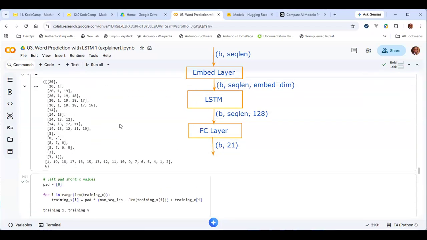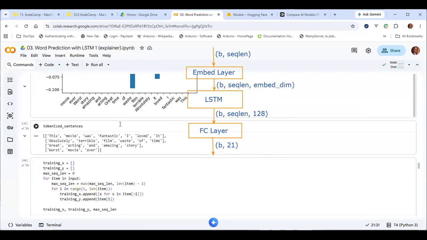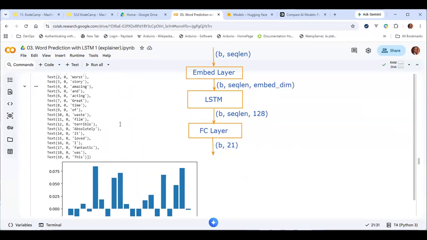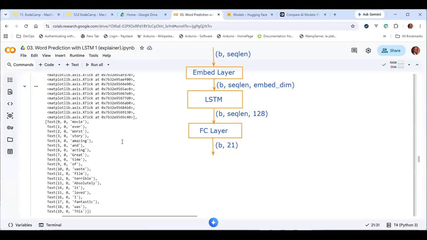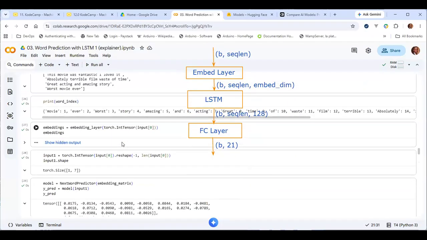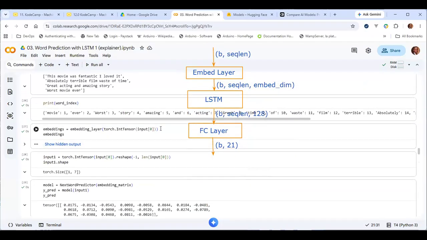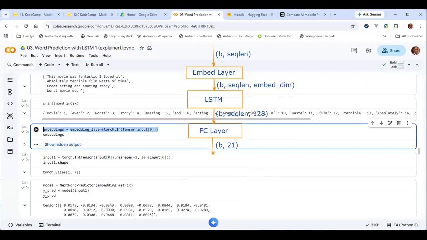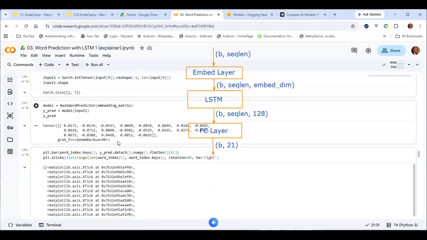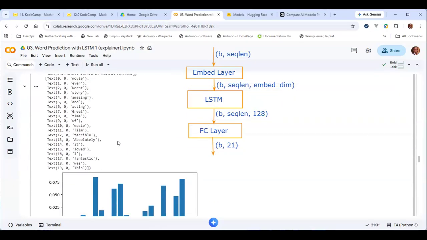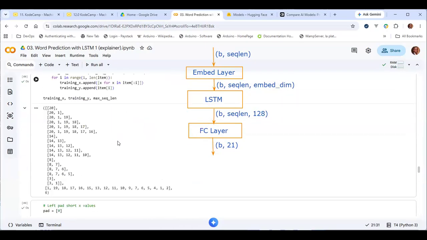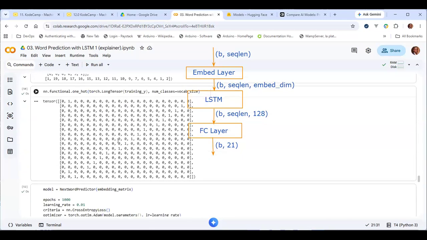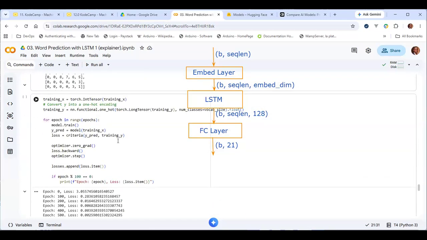I had an embedding layer that I had created on its own, not part of the network. So this embedding layer, I can still pass this through. Let me show you the shape of what it would look like.